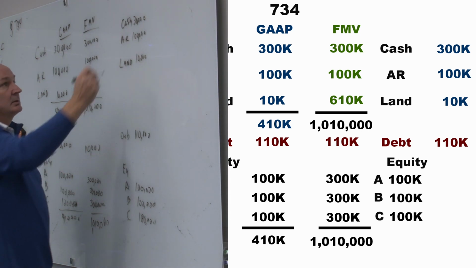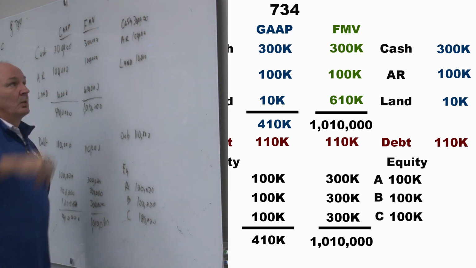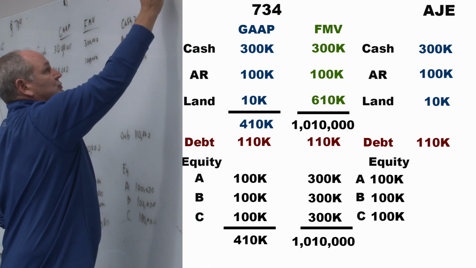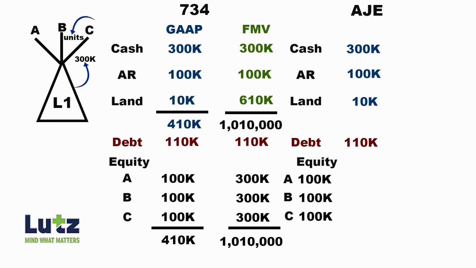So we're saying 300,000. We're saying, and I'm going to call this an adjusting journal entry. And the adjusting journal entry we're going to use to draw in the concept of what's actually happening in a 734.